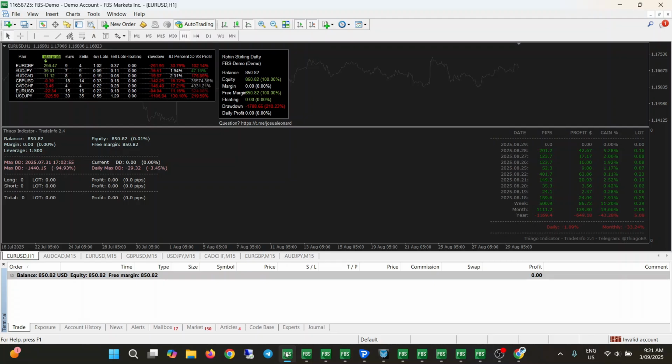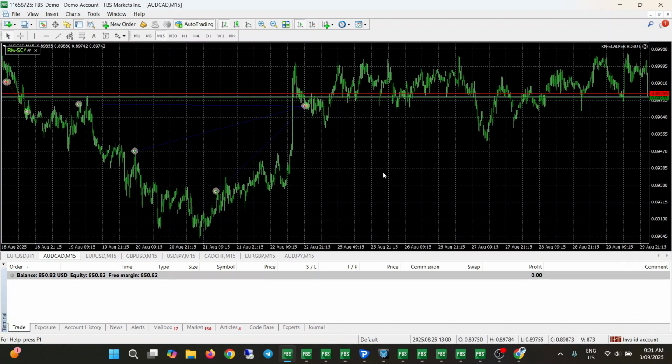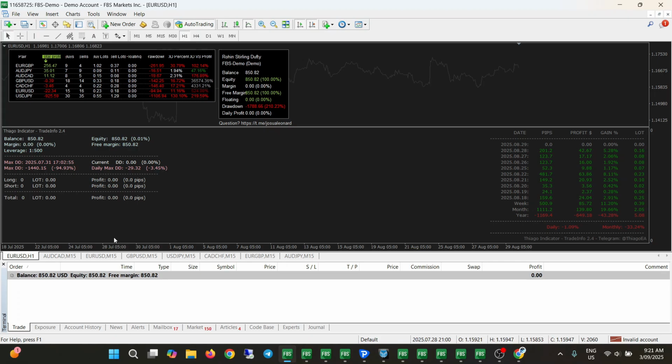So first and foremost, we have this EA called RM Scalper Robot. All these accounts traded for a bit over a month, and I test them from $1,000, and I generally use the lowest kind of risk that you can do on a robot.